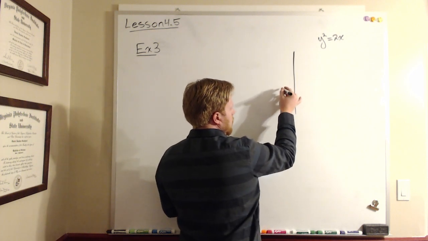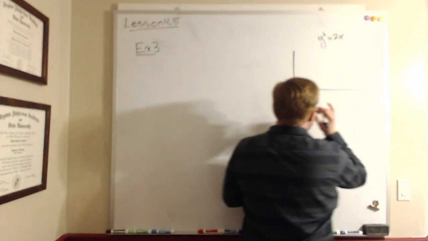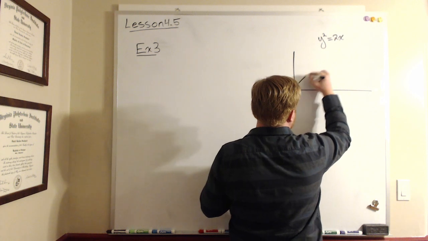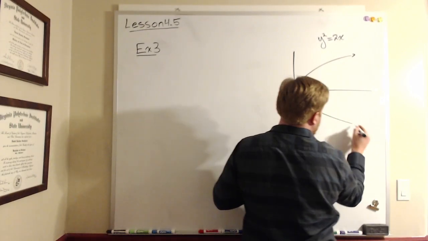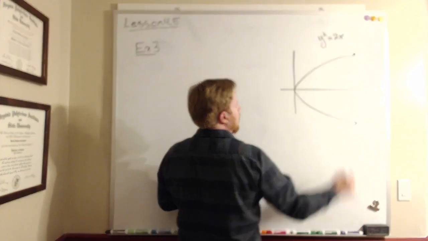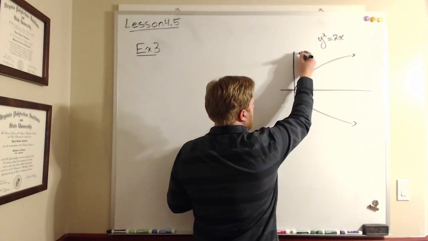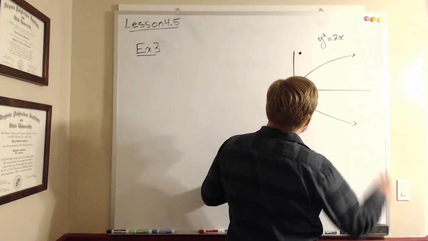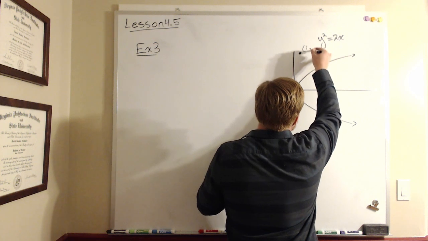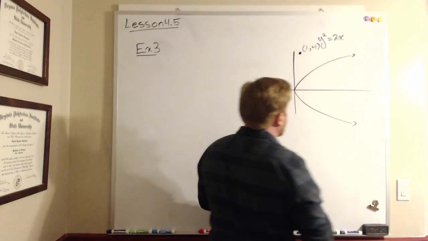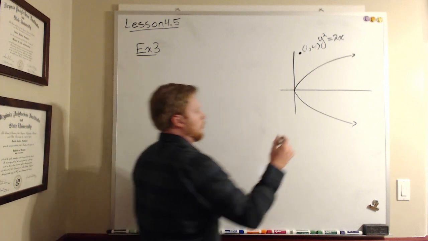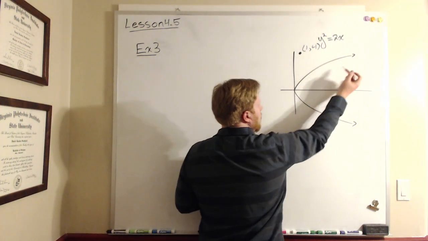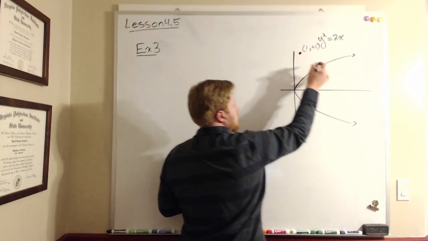So, draw a picture. My parabola is going to look something like this. The point 1, 4 is somewhere here. And I'm looking for the point along this curve that is the closest distance to that point.